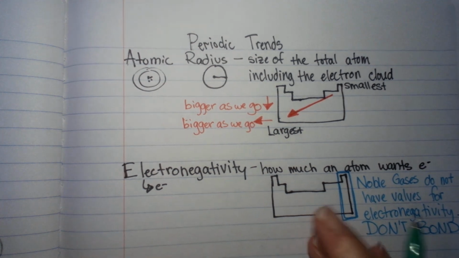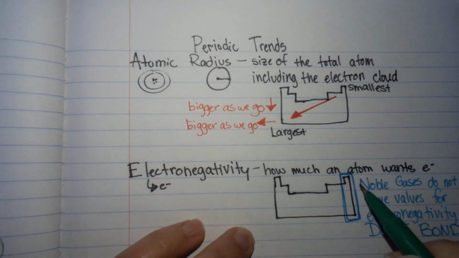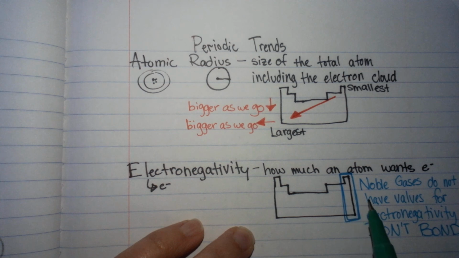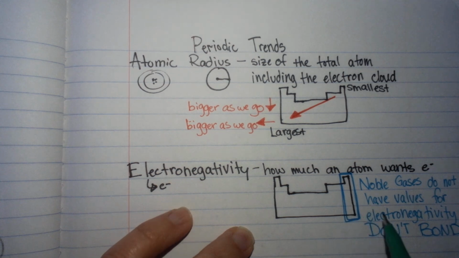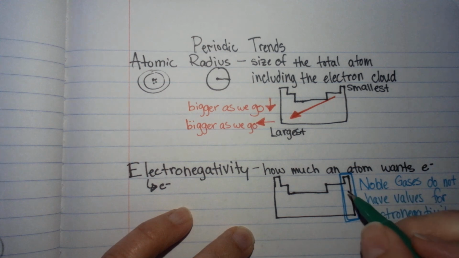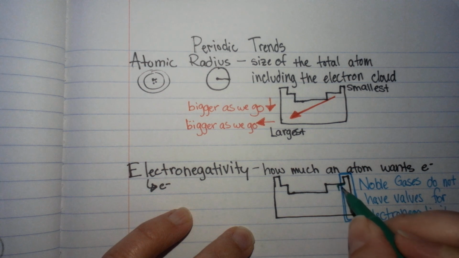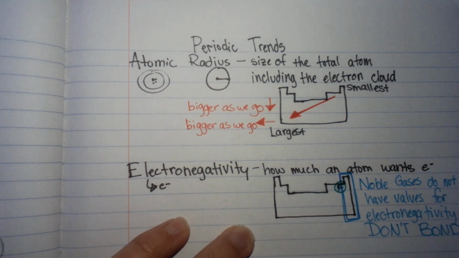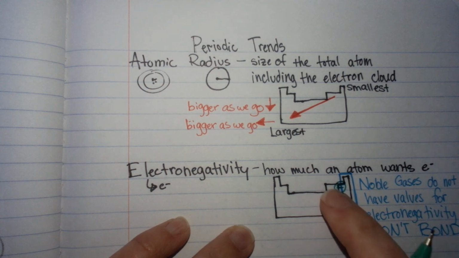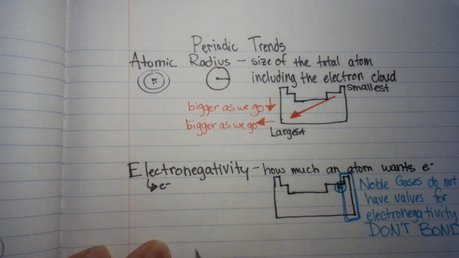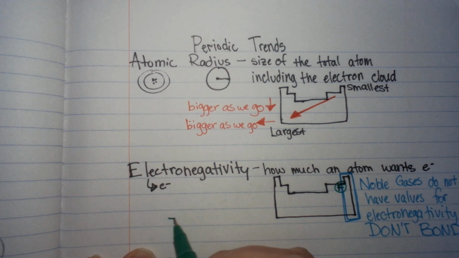So let's think about this trend. If the noble gases are stable and all atoms want to have an electron configuration like the noble gases with a full outer shell, which atom is the most electronegative? Fluorine. Fluorine is the most electronegative, so we're going to go ahead and make a big note of that.